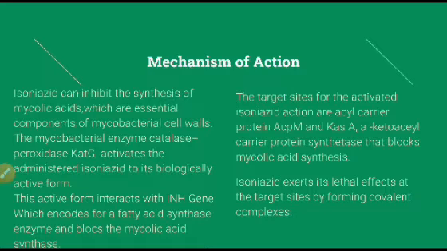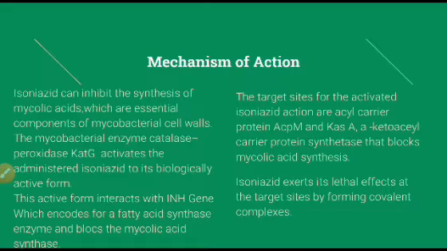Isoniazid can inhibit the synthesis of mycolic acid, which is a unique fatty acid component of the mycobacterial cell wall. This may explain the high selectivity of INH for mycobacteria.